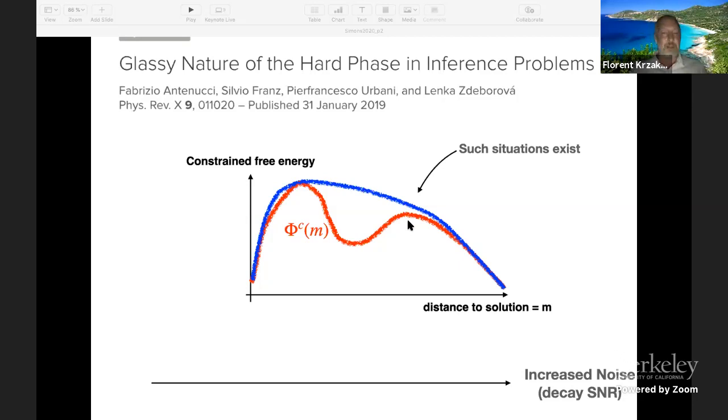I was expecting MCMC to work as well as AMP, and it's not true, and I don't know why. It's certainly not intuitive. By the way, I think this paper also does this in a spike tensor model, if my memory serves.